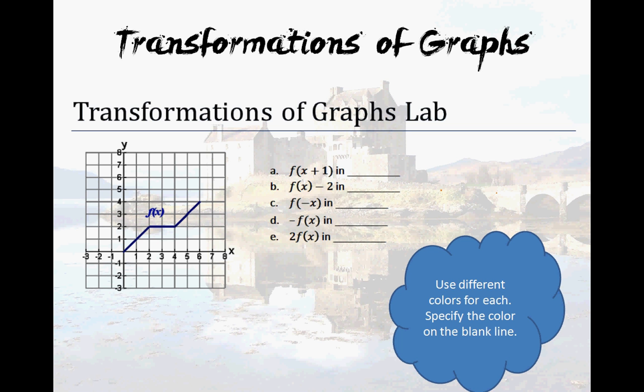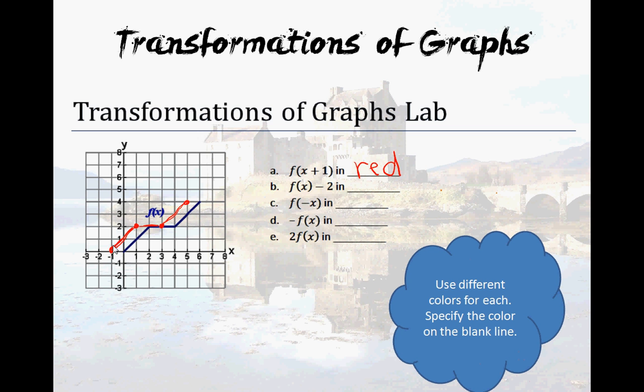I forget what color I used, but you'll see in a second. Because the plus 1 is in there with the x, that means that you're shifting the x, which is the horizontal. And remember, horizontal is always backwards, so plus 1 actually means to the left, even though you would think it would mean to the right. So letter A would look like that.